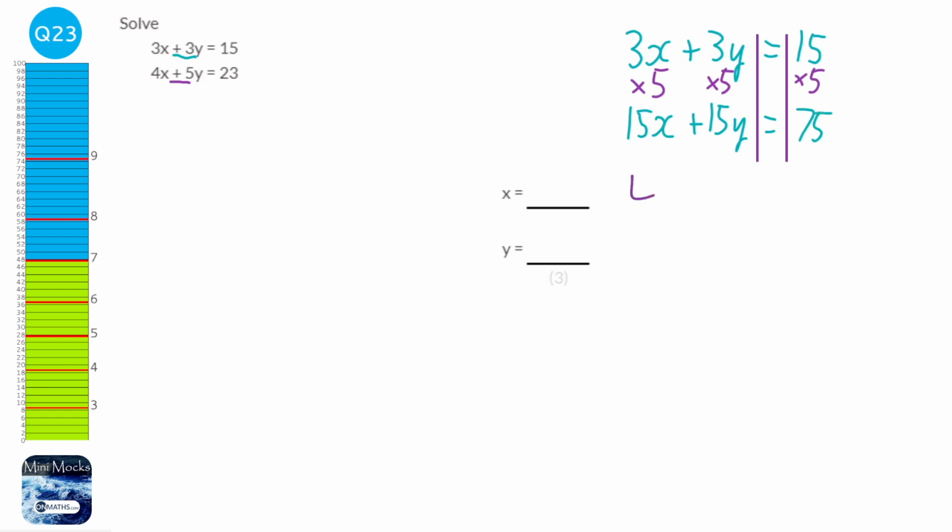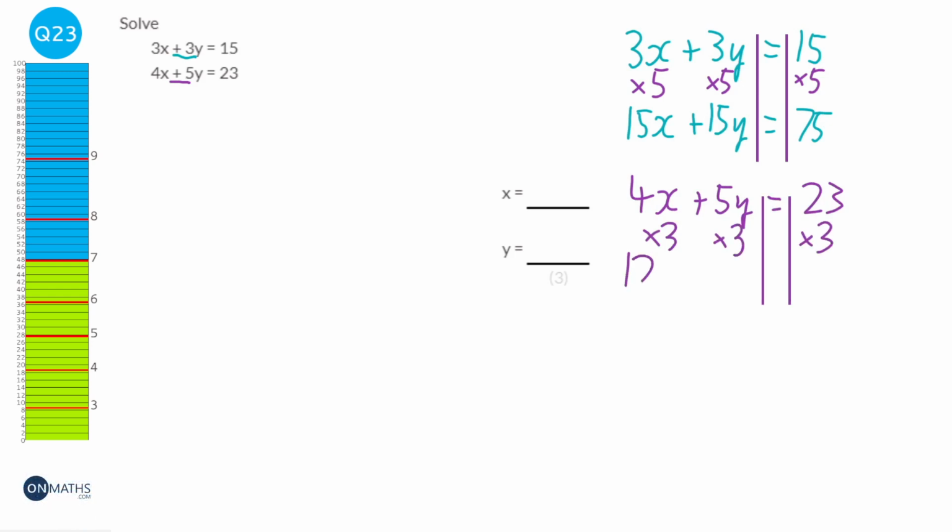Going to do the same with the second equation, so 4x plus 5y equals 23. Get our lines in. This time we're going to times everything by 3. So we've got 12x plus 15y, which was the whole point, and 23 times 3, which is 69.